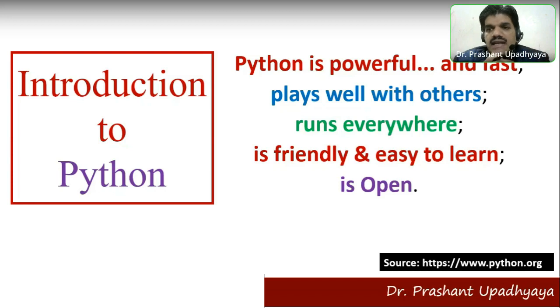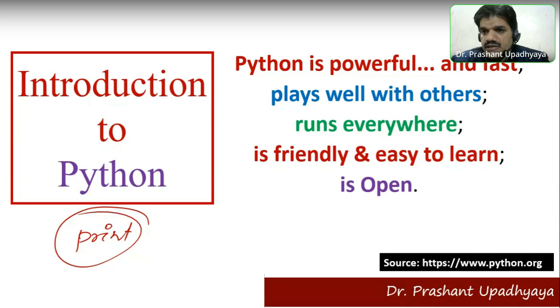Next, it is friendly. Why are we saying it's friendly and easy to learn? Because it is easy to understand. For example, if I have to print something, I use the print statement. You can see that I can use this print statement as syntax in Python. Whereas if you are familiar with some other language, we use printf.